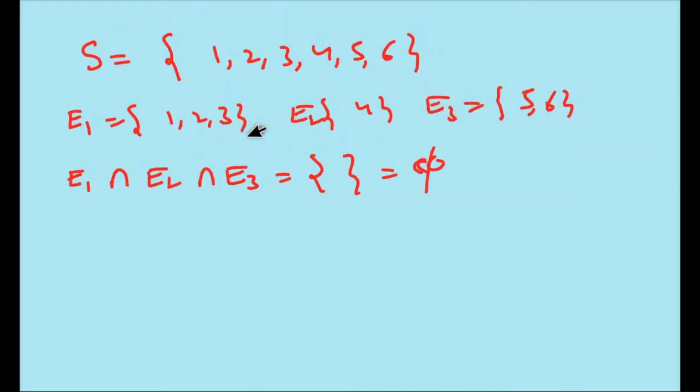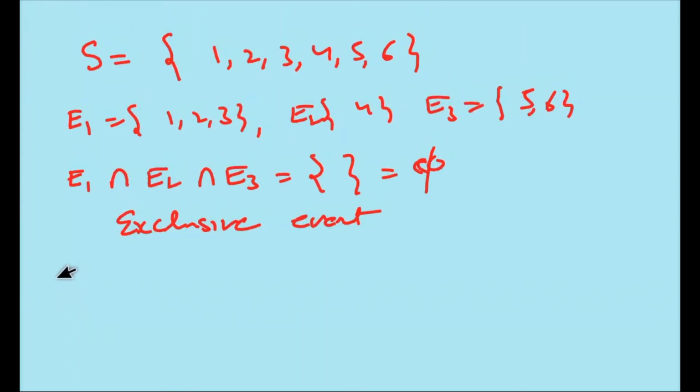Okay, these events are subsets of this S. Okay students, then these are known as exclusive events. What are exclusive events? If their intersection is empty, then they are exclusive events.